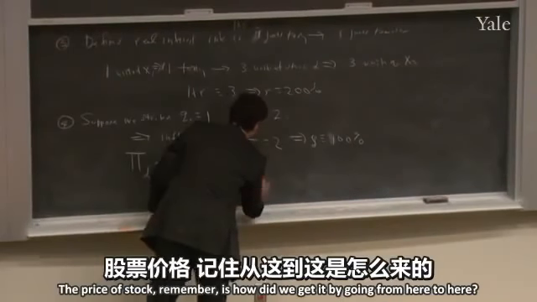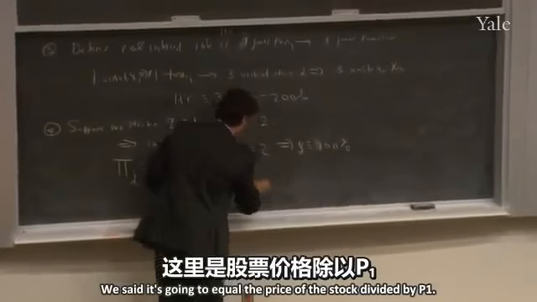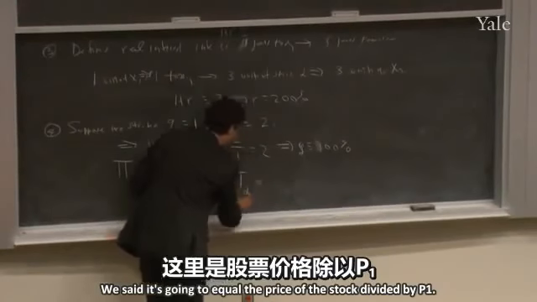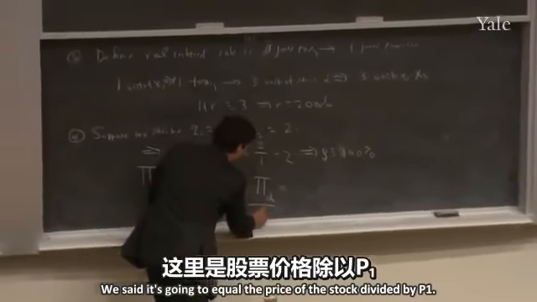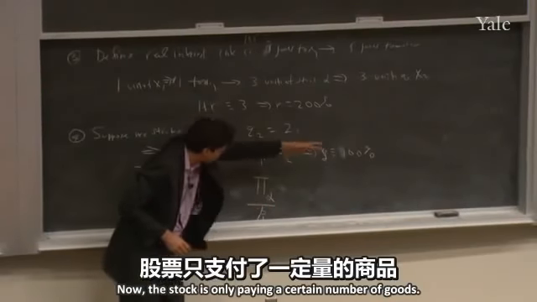Remember, how did we get it by going from here to here? We said the price of the stock is going to equal the price of the stock divided by P1. Now the stock is only paying a certain number of goods.